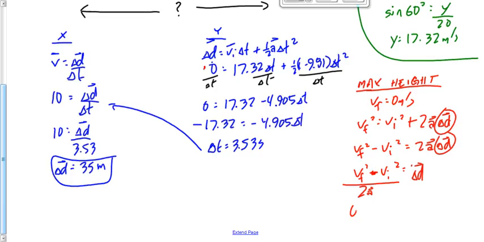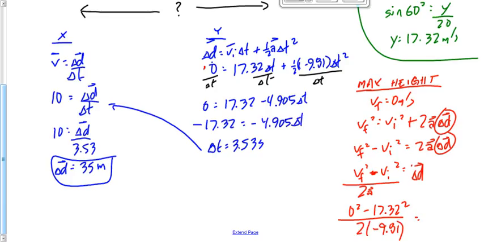VI, what's VI? 17.32 because we're analyzing the y component. 0 squared minus 17.32 squared over 2 times negative 9.81.